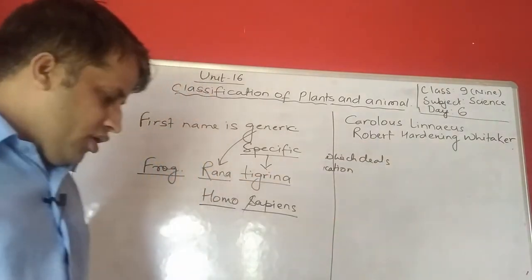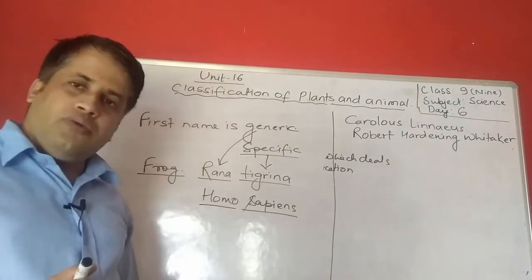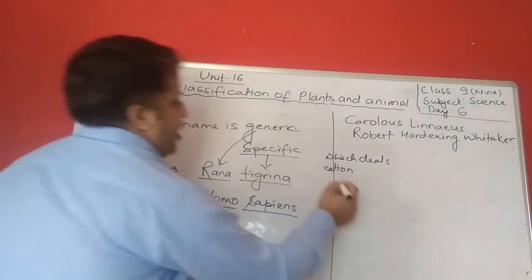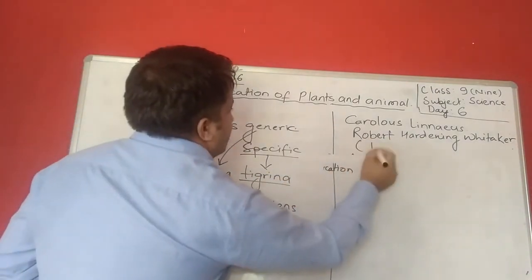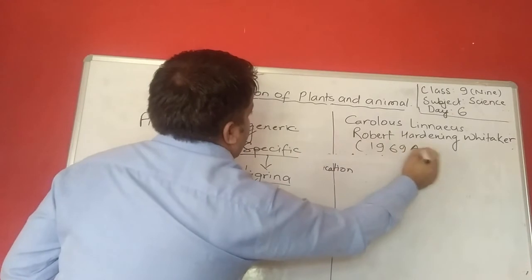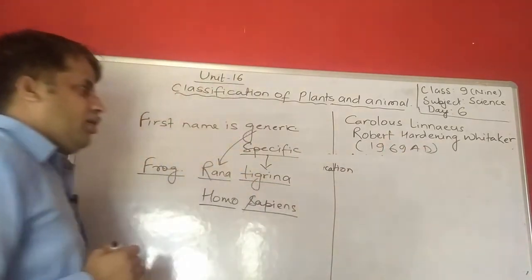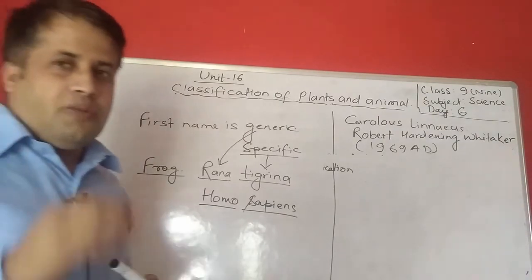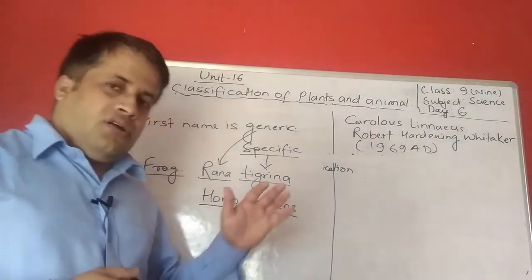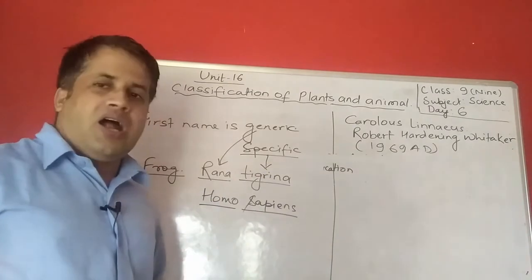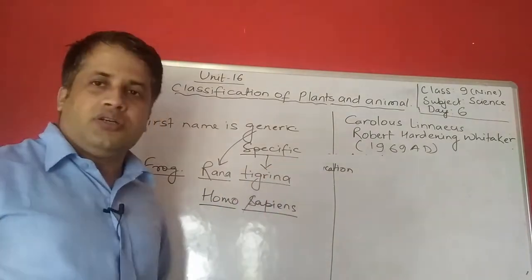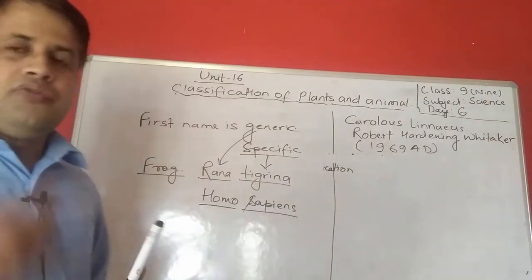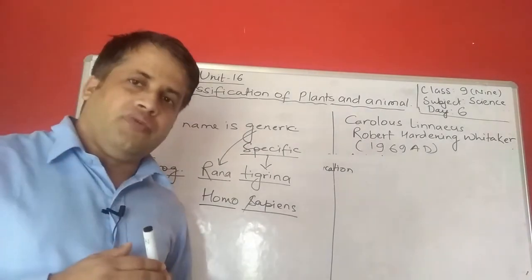In 1969 AD, he propounded the way by which the classification is done. The basis for classification of Robert Harding Whittaker's method was evolution. It is based on evolution.